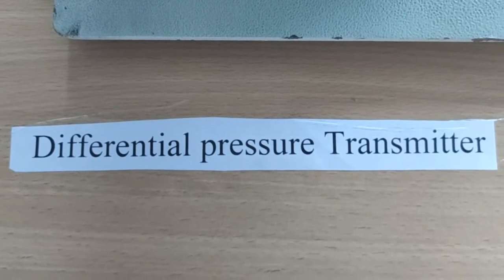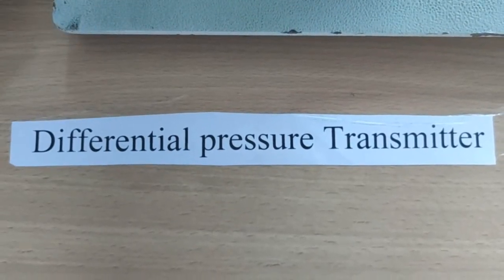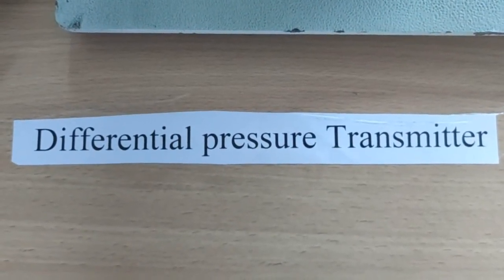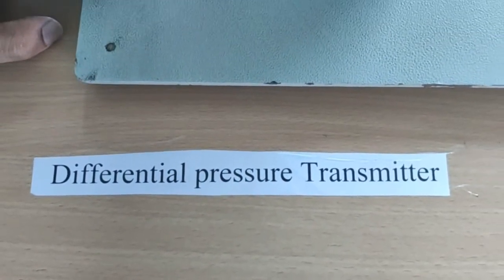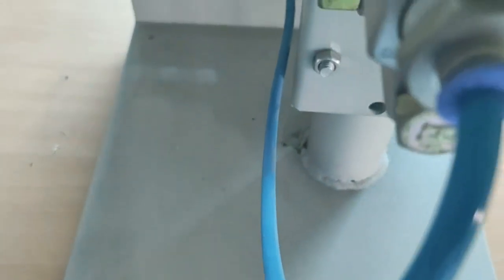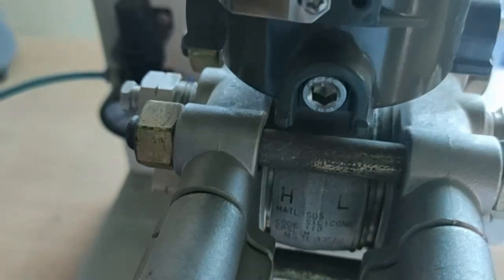So students, today is our next experiment, which is the differential pressure transmitter. As the name suggests, differential pressure transmitter means we have to measure the difference in pressure in between 2 points.